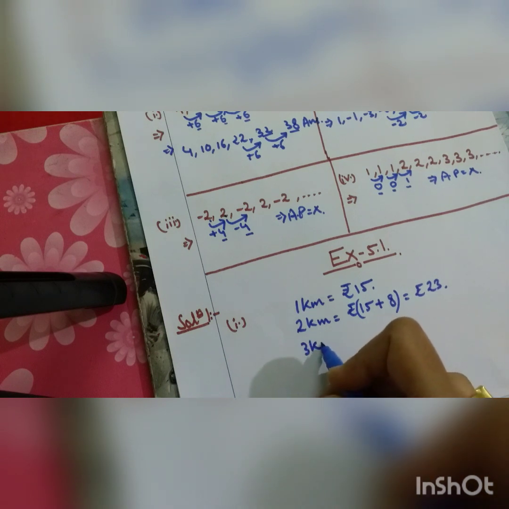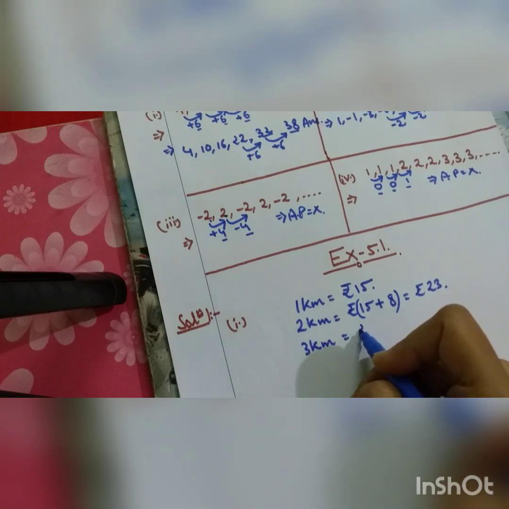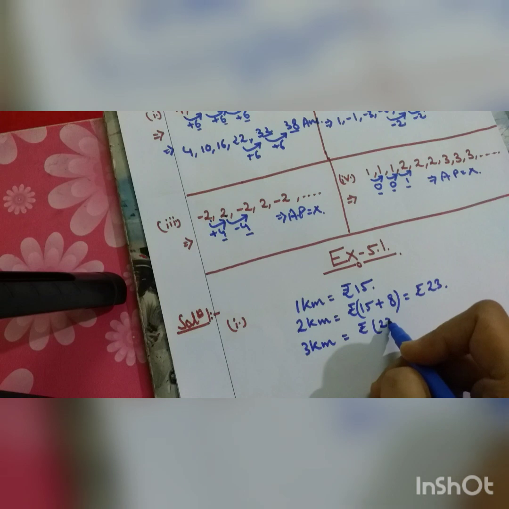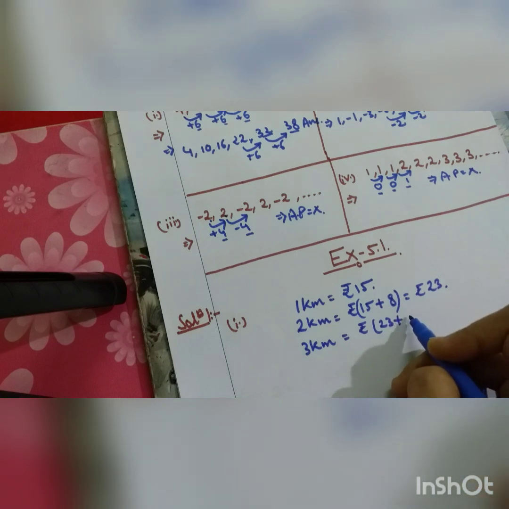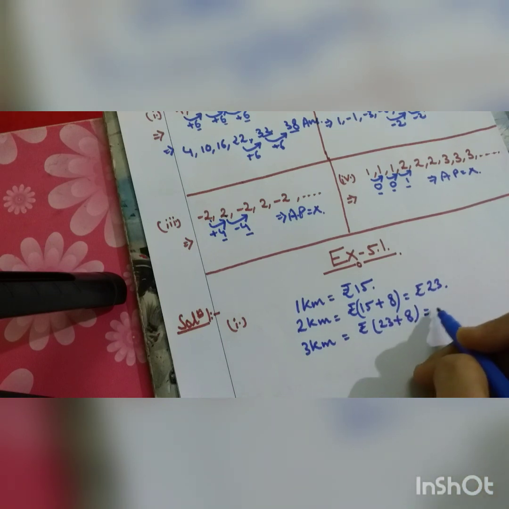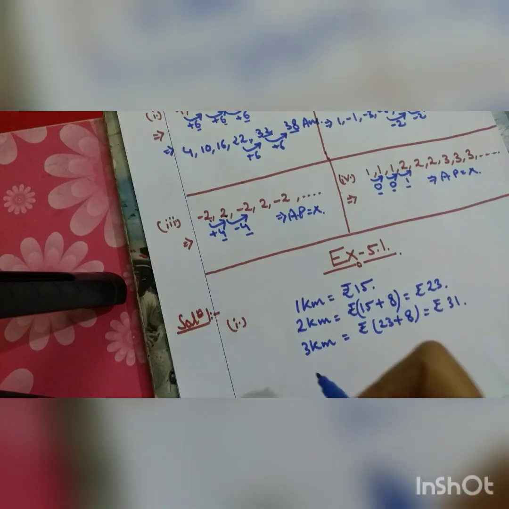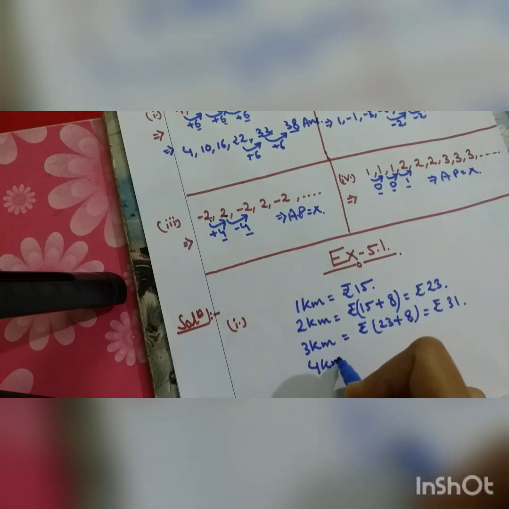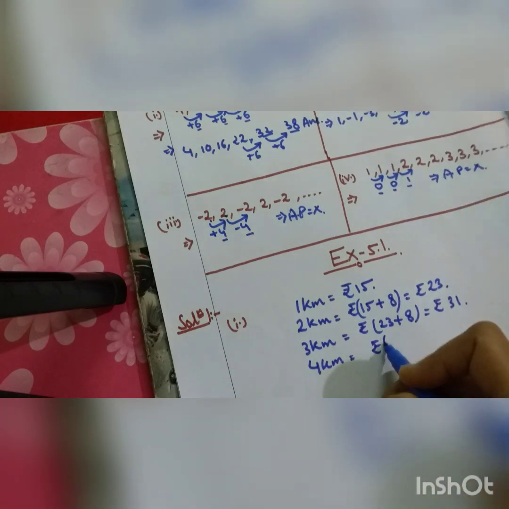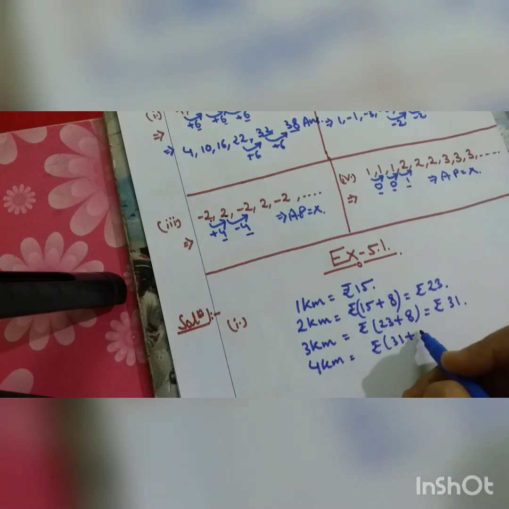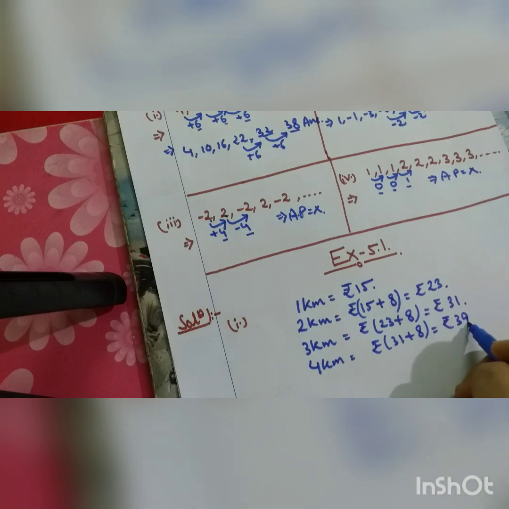Now when we travel 3 kilometers, for 2 kilometers it is charging 23, and for that additional 1 kilometer it is charging rupees 8. So it will be 31. For 4 kilometers, till 3 kilometers it is charging rupees 31 and 8 for the additional kilometer. So for 4 kilometers it will be rupees 39.